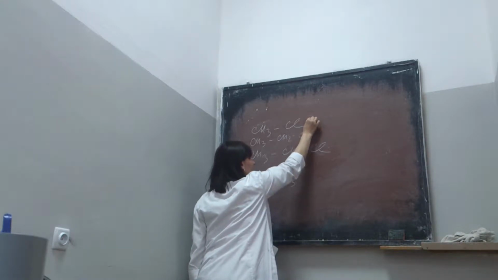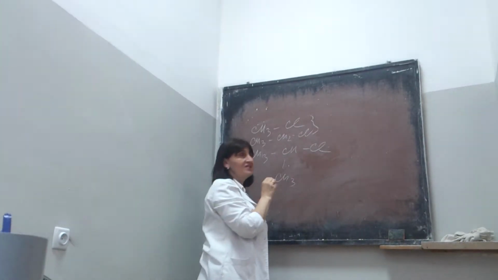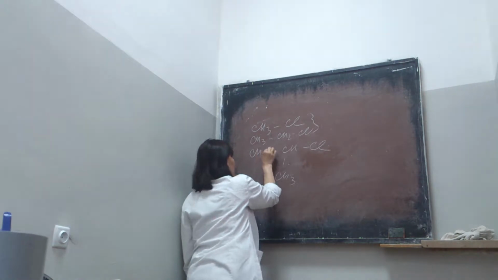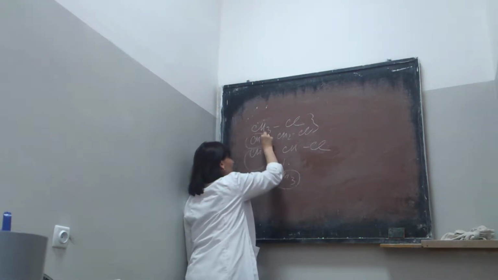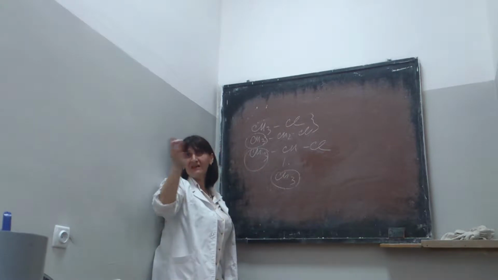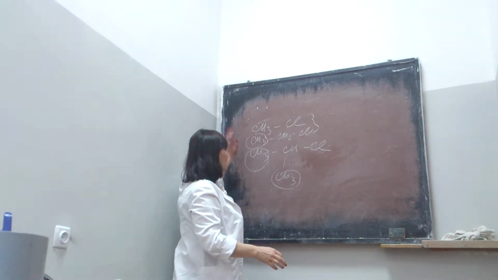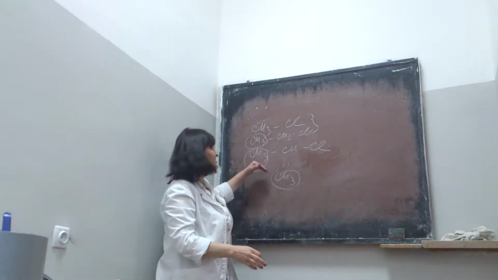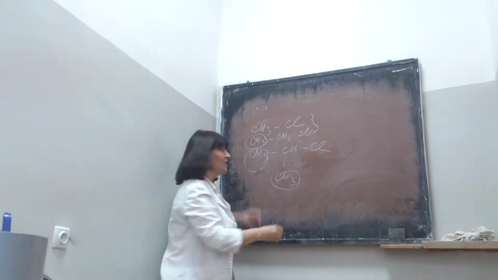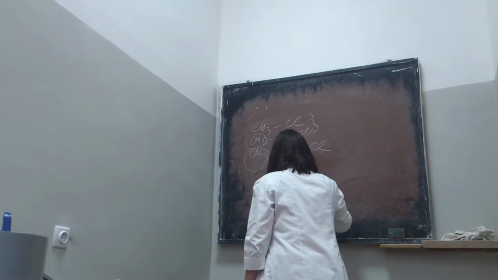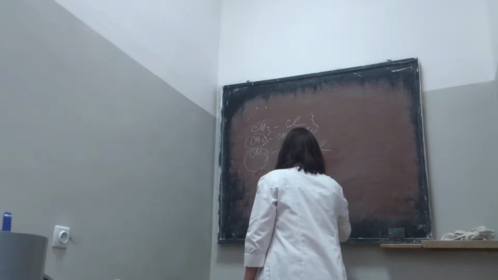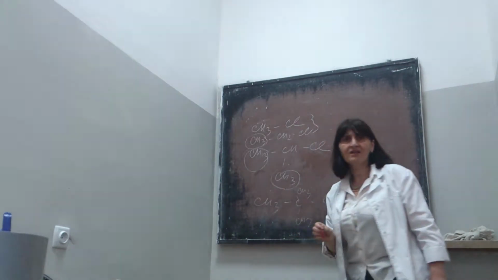These two are primary alkyl halides. This one is secondary. It has two radicals. You see, here you have only one radical. Here, instead of radicals, you have directly H atoms. So this one and this one are primary alkyl halides. This one is a secondary alkyl halide. So CH3, CH3, CH3, Cl is a tertiary alkyl halide.